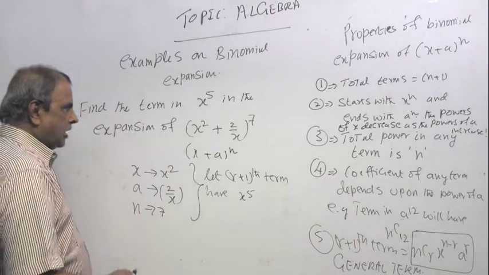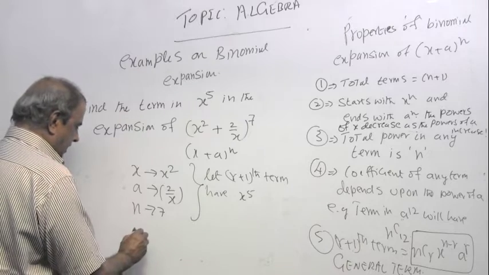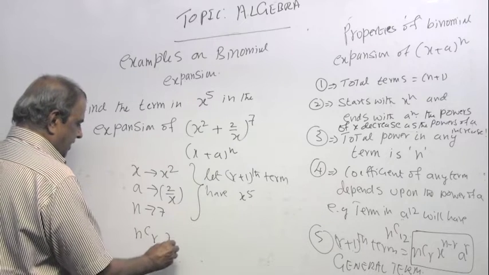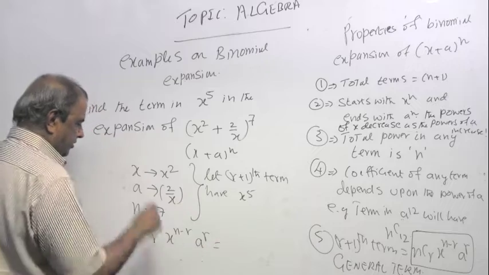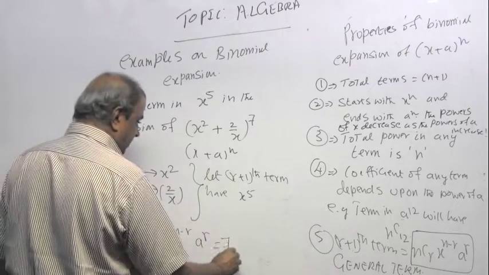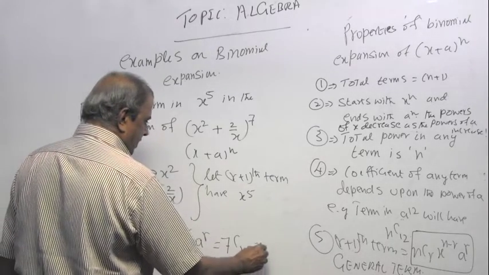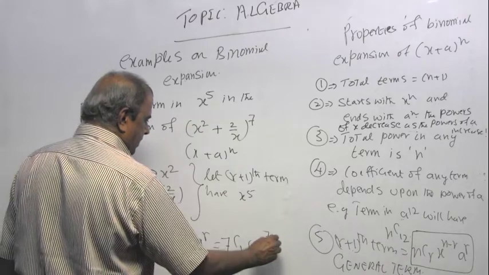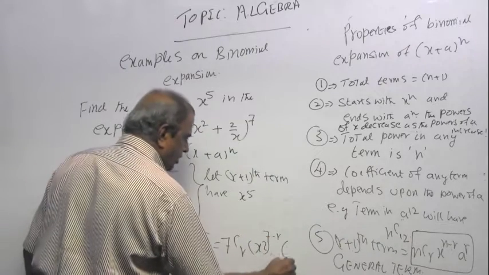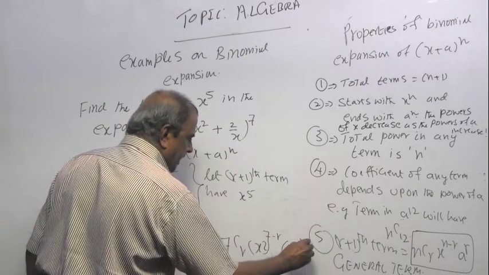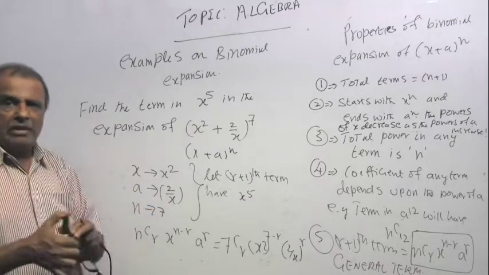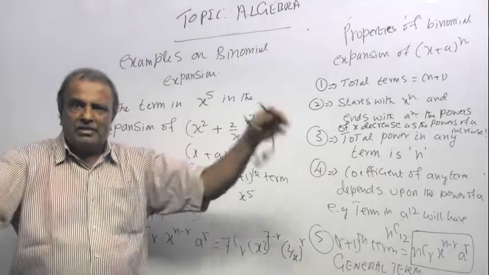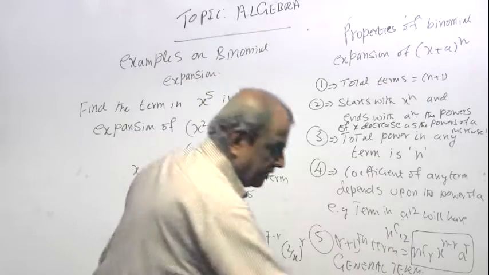What is the formula for the r plus 1th term? nCr x power n minus r a power r. So that will be 7Cr x squared power 7 minus r times 2 over x power r. That particular term should have x power 5. That means when I simplify the powers of x, I should get x power 5.